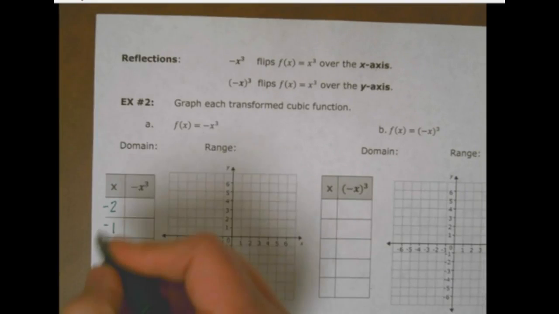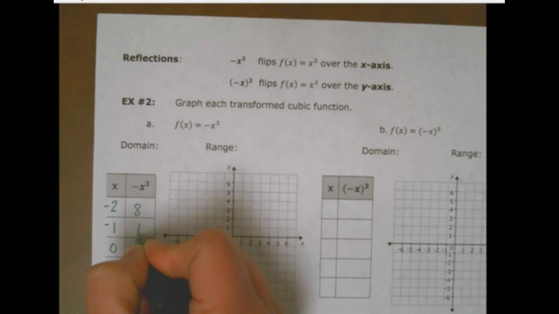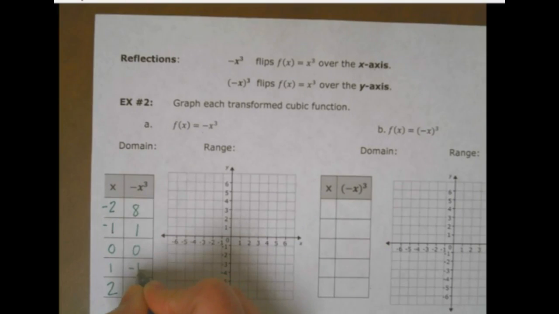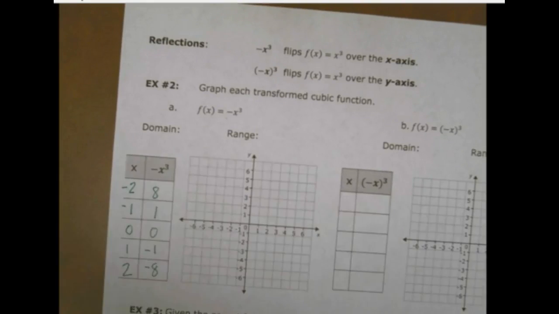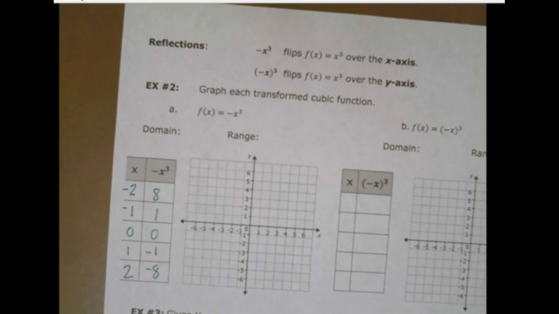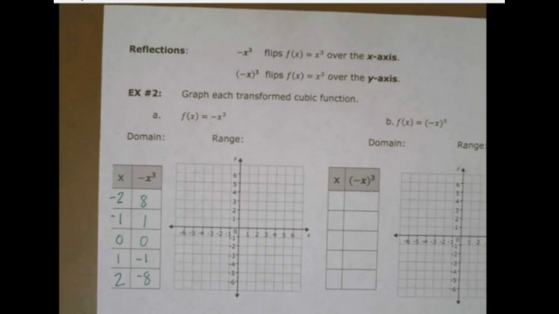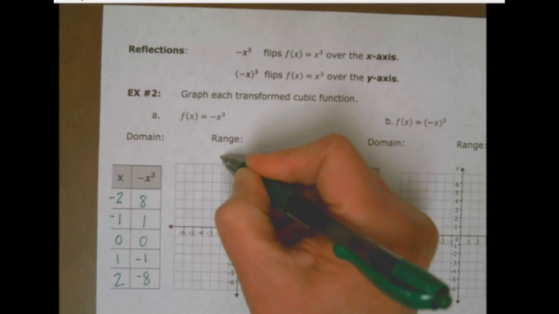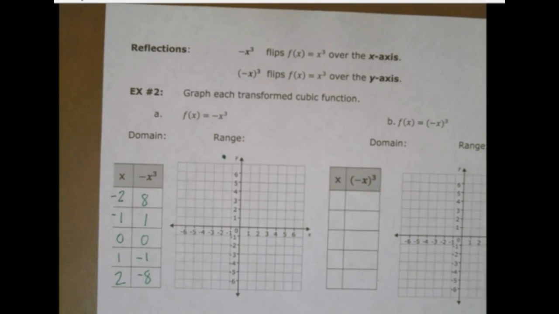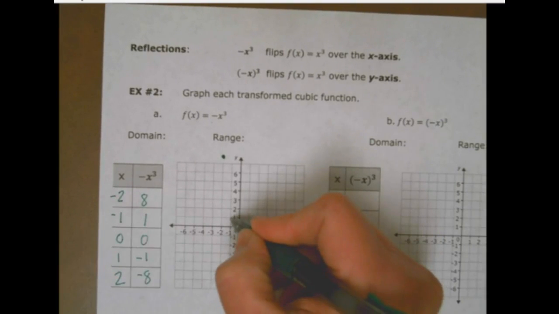And so that would make this positive, positive. A negative out in front multiplies my y numbers by a negative 1 compared to the parent graph. And so this is going to go off my chart a little bit, but you can tell where it ought to be. And this would be negative 1, positive 1.